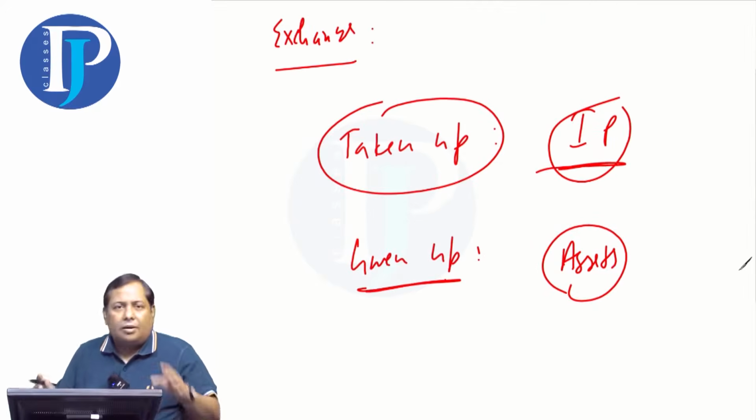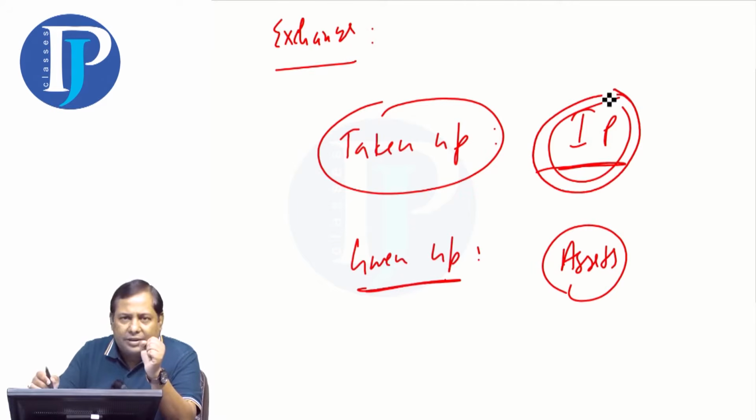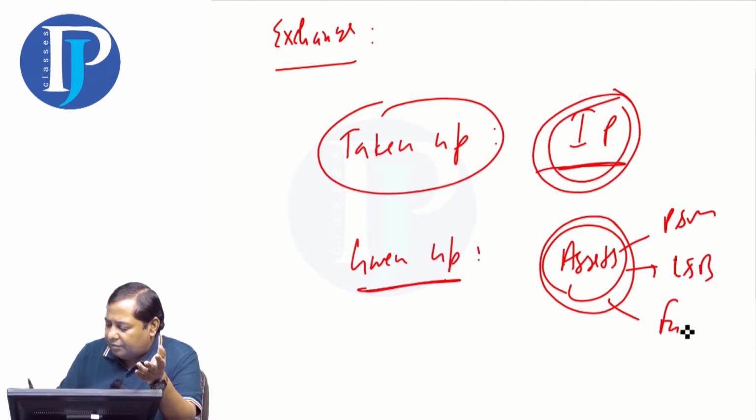Did you understand? If your payment is made in full cash, then it is a cash purchase. Is it clear? But if you are buying an asset, and then you make the payment in other assets, plant and machinery, land and building, furniture, other assets.